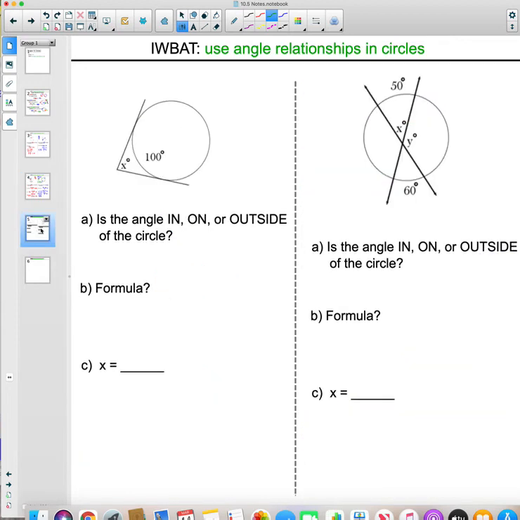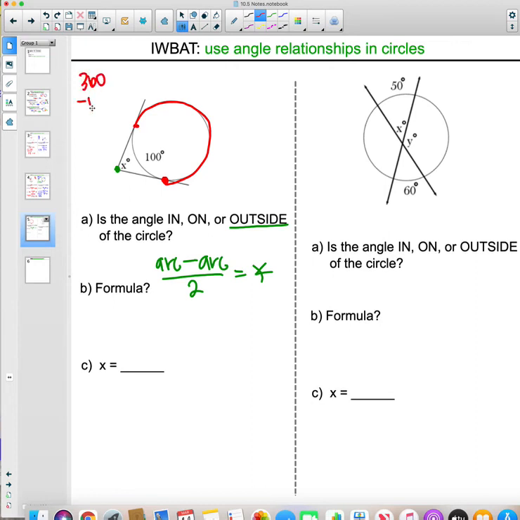All right, last 2 examples. Inside, outside, or on. So this one is outside. So we need to do outer arc minus inner arc divided by 2 equals our angle. So we need this outer arc here. Remember, the whole thing is 360, and we have 100 used up right here.